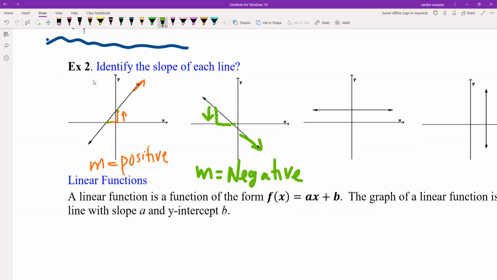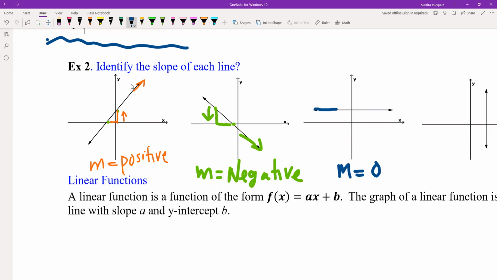Now this next line, I can see that my line is constant, it's not really moving. This line is just like this, there's really nothing happening to it. And so in this case, my slope is not changing. My slope is 0.